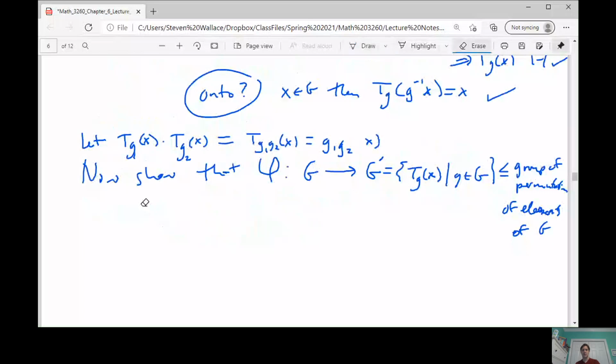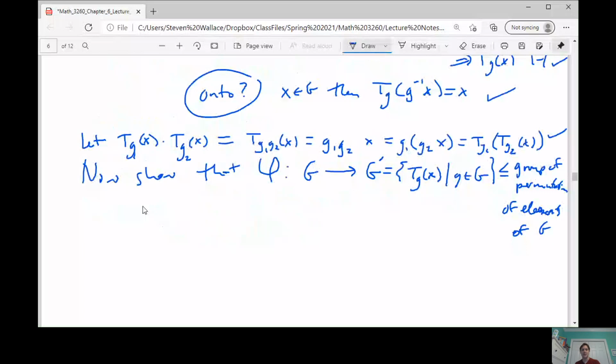This is multiplication, g1 times g2, but that's just the same as composition. Okay, so we have that this is a subgroup of this permutation group.